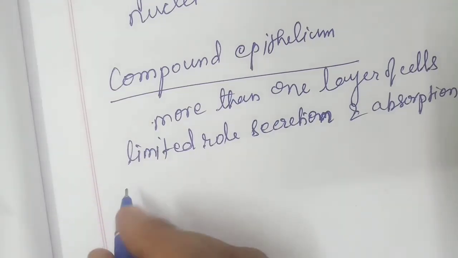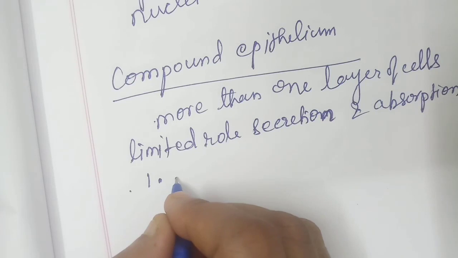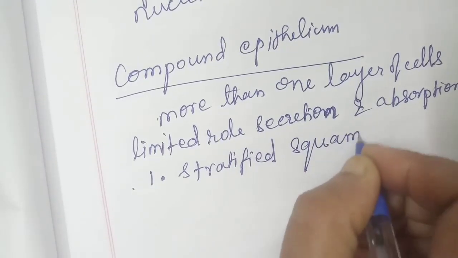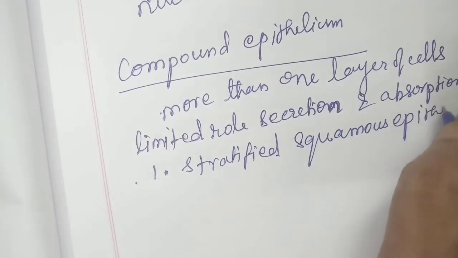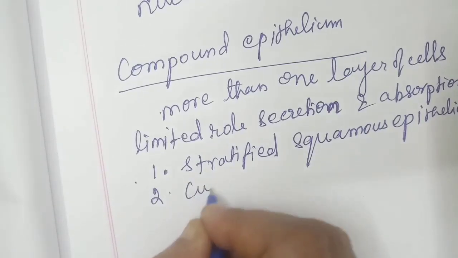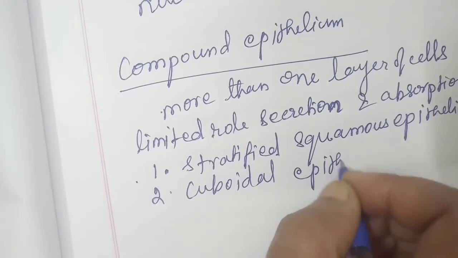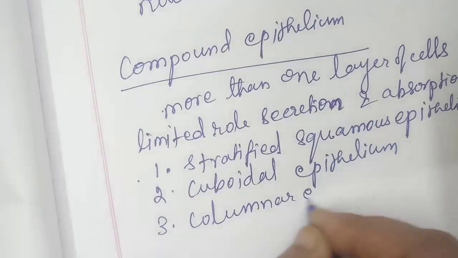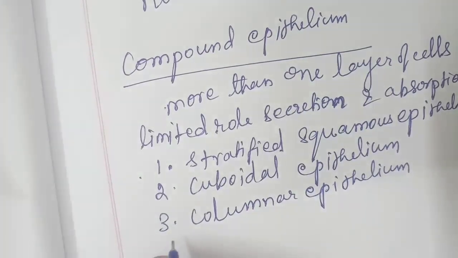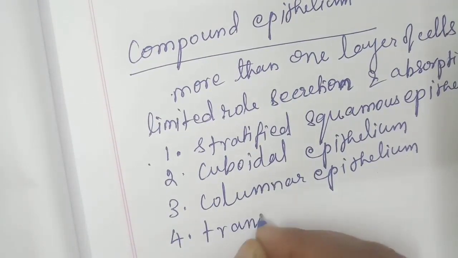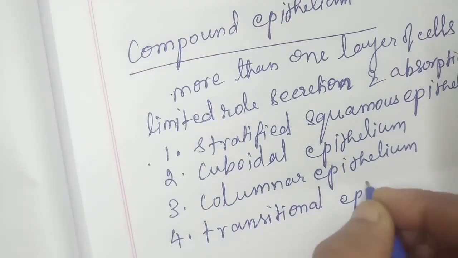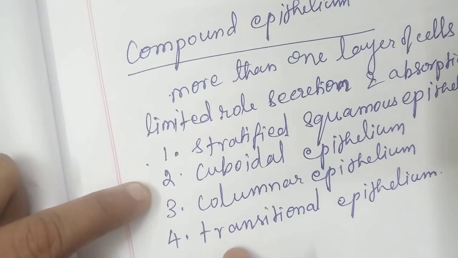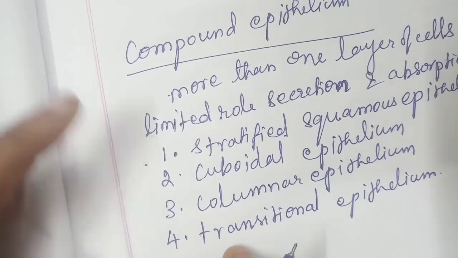Types of compound epithelium may be: stratified squamous epithelium, cuboidal epithelium, columnar epithelium, transitional epithelium. These are all the 4 types found in the compound epithelium.